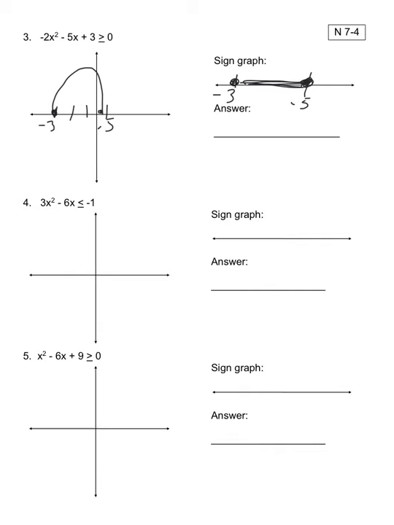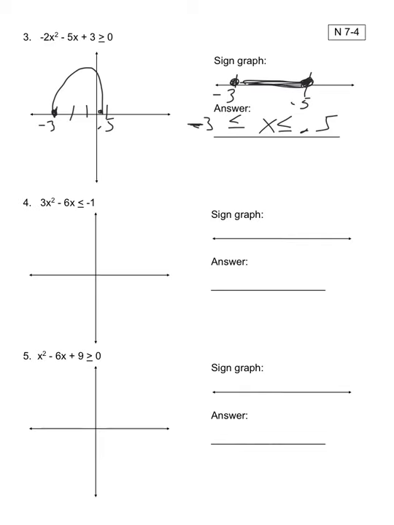Everything in between those 2 points would be on or above the x-axis. So I put my answer in between negative 3 and 0.5. X has to be greater than or equal to negative 3, and it has to be less than or equal to 0.5.